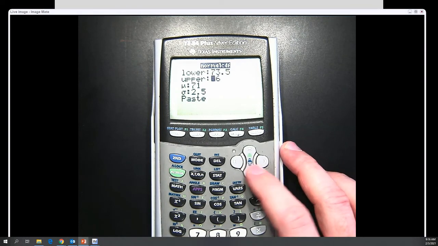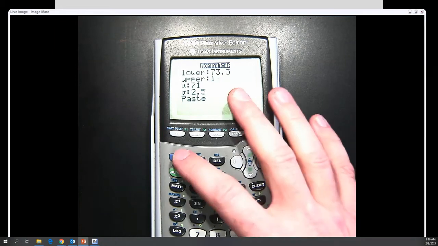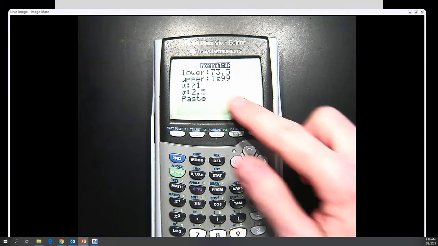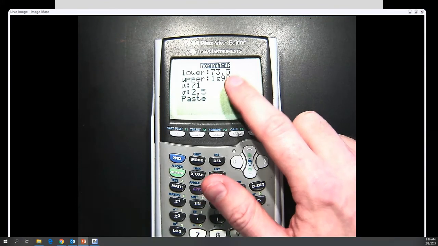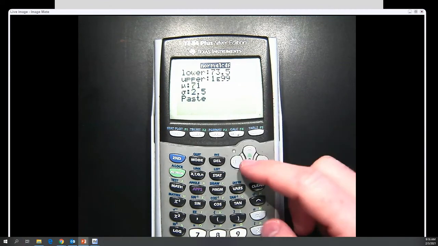We now have to go to positive infinity. You can do that by typing a 1 and then second comma, which is where that E variable is, stands for times 10, and then to the 99th. So it's 1 followed by 99 zeros. This is positive infinity. Still centered at 71, standard deviation is 2.5.